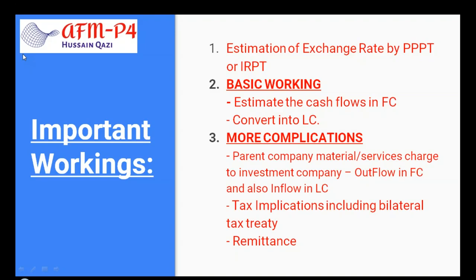But do remember one thing, tax will be paid on taxable income, not on net cash flow. Tax is paid on the taxable income. We will discuss this point later on. So this is the tax treaty. There may be a question in your mind: what if the tax rate in our local country is higher, that is 40%, and in the UK it is 35%?